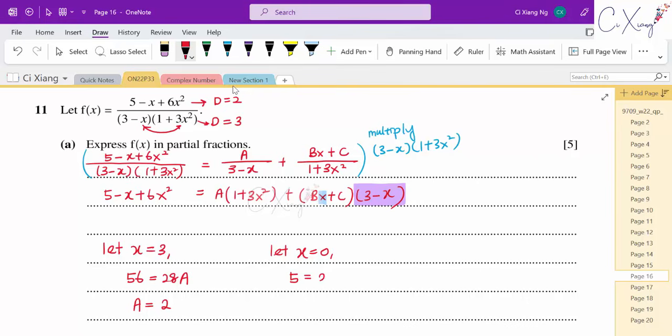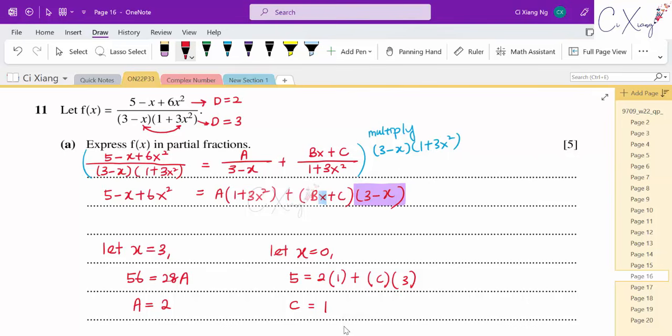A is still the 2, because we got the value of 2 just now for the A. And then 1 plus 0 is a 1. B times 0, you have no more. Then you are having a C here, and then with 3. 3 minus 0 is a 3. And if you try to simplify this part, basically you have C equal to 1.